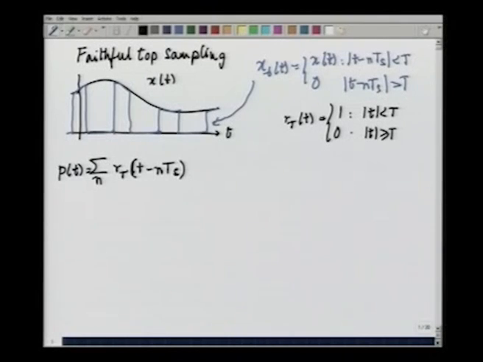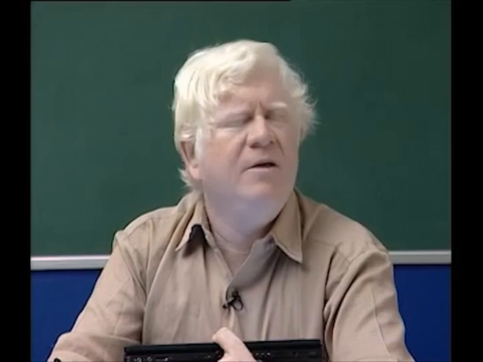Finally, we can show that the faithful top sampled sequence, sample train x t of t is given by x of t multiplied by p of t. This is the way we can mathematically express the form of x t of t.